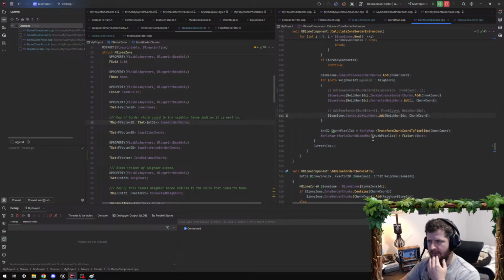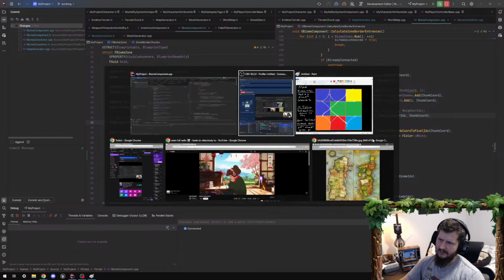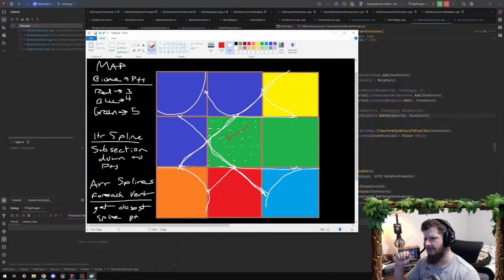Okay, but now, calculating these zone border entrances, what I want to do is calculate an individual point to get rid of. I think I would only ever want to delete one point. It's just going to be a different point for different scenarios. My scenarios are one like this, where I can have 2 on adjacent sides, or one like this, where I can have 2 on opposite sides, and then I can have a 3.